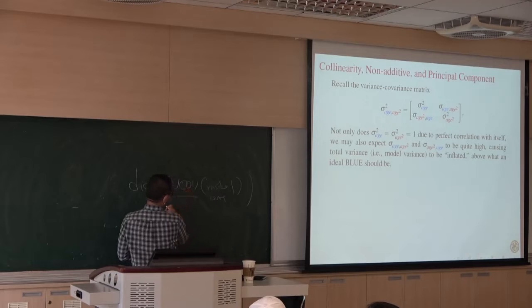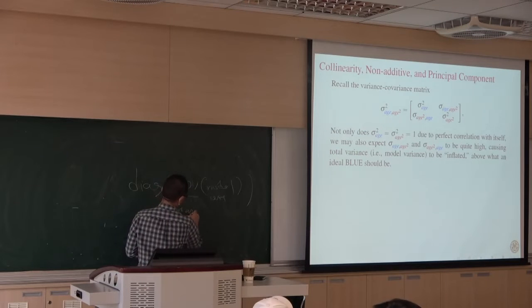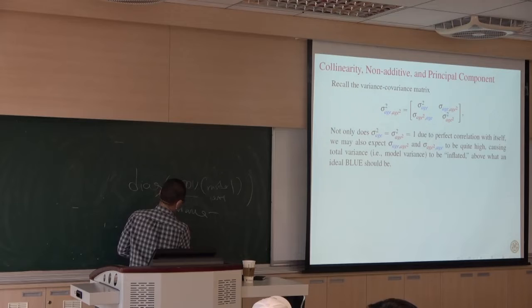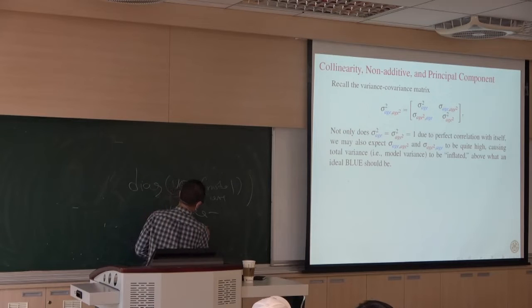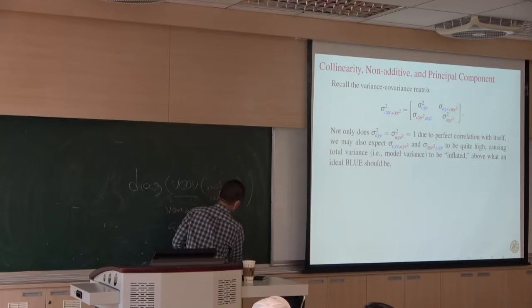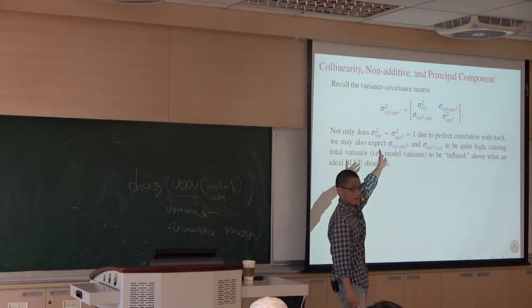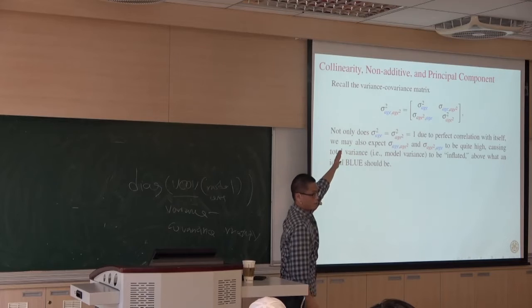The vcov means variance covariance matrix. And that's the one shown on this slide. Right? Variance covariance matrix.